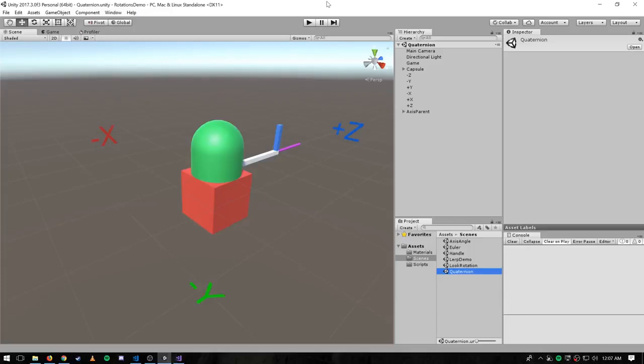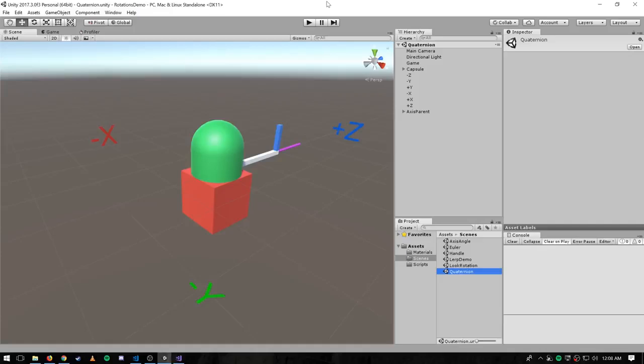And the way the values are mapped to degrees and radians isn't exactly linear. So 90 degrees, for example, is not 0.5 as you would expect. It's 0.71 something. So the relationship between the w value and the amount of rotation is not exactly linear.